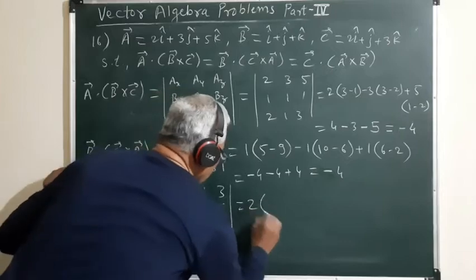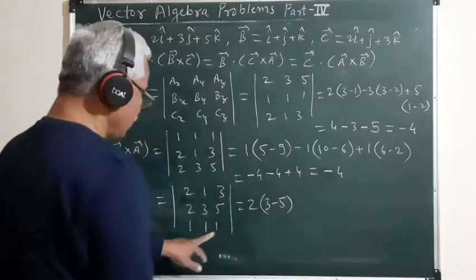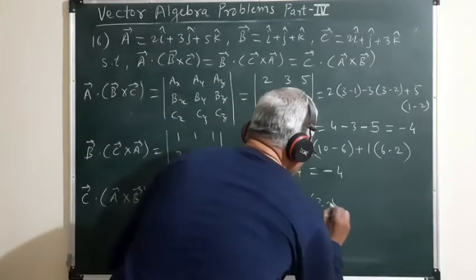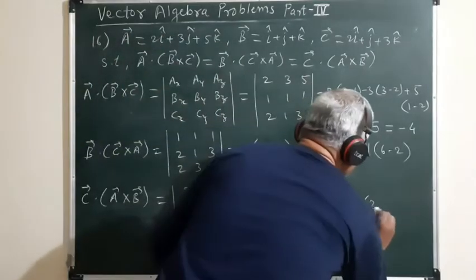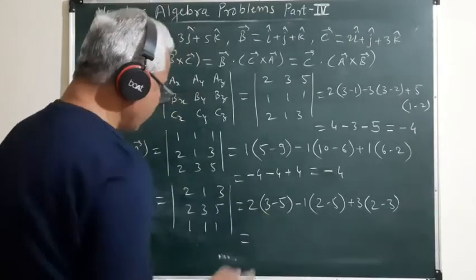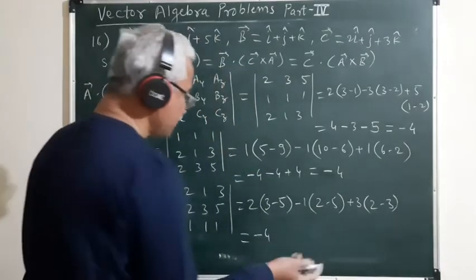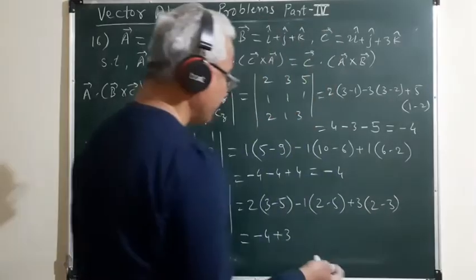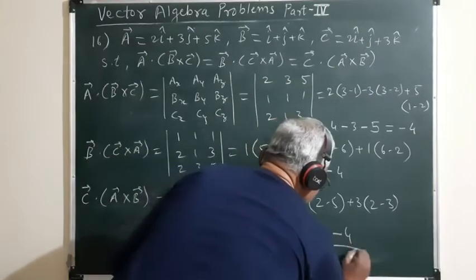So this is equal to 2 into bracket 3 minus 5, minus 1 into bracket 2 minus 5, plus 3 into bracket 2 minus 3. So this is equal to 3 minus 5 is minus 2 into 2 is minus 4. 2 minus 5 is minus 3, minus 3 into minus 1 is plus 3. And 2 minus 3 is minus 1 into 3 is minus 3. So this is equal to minus 4.